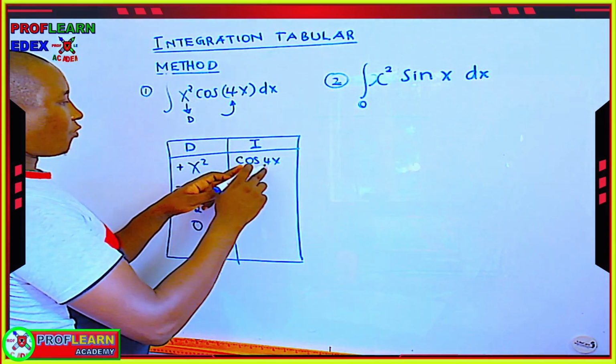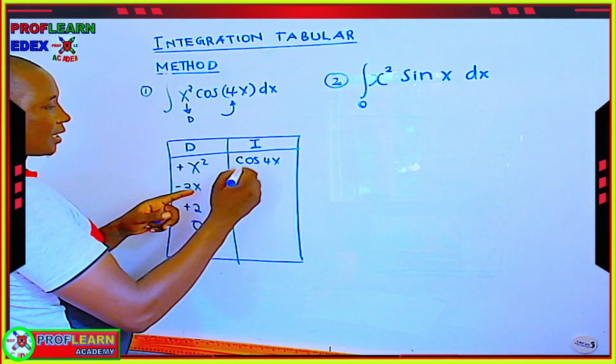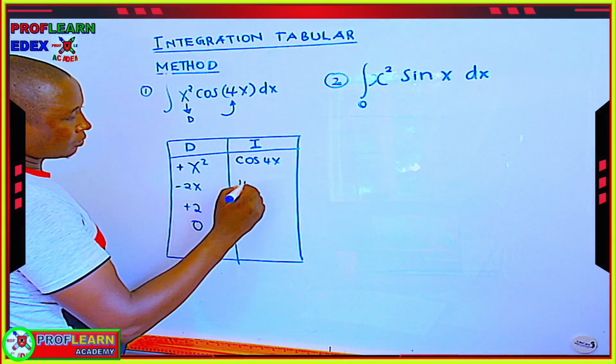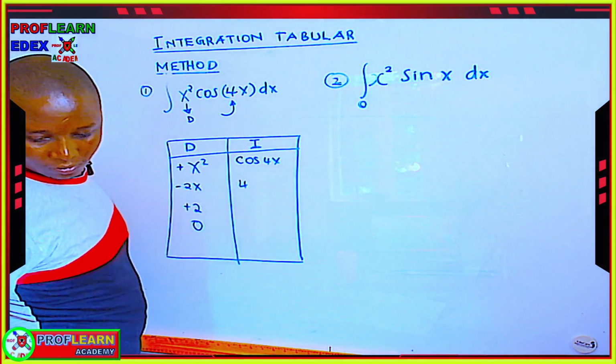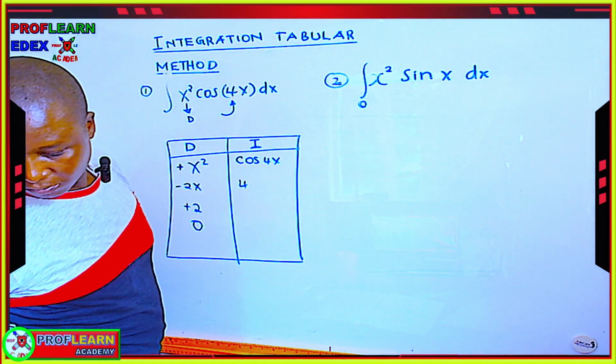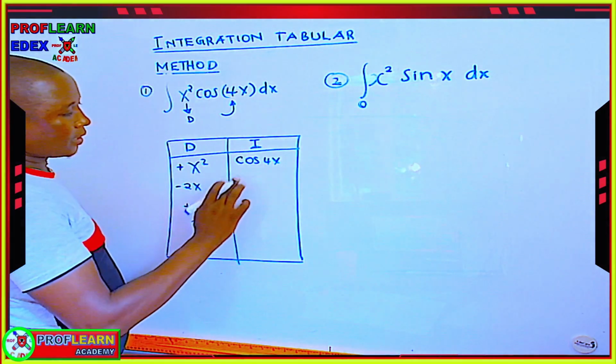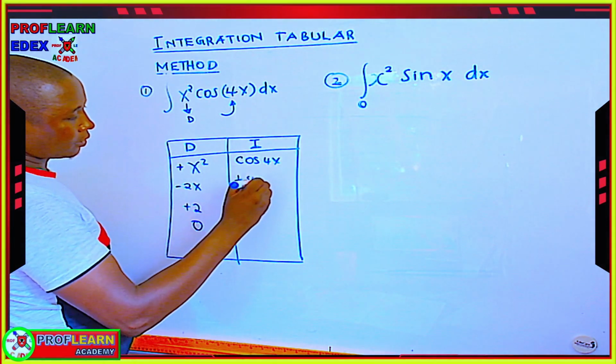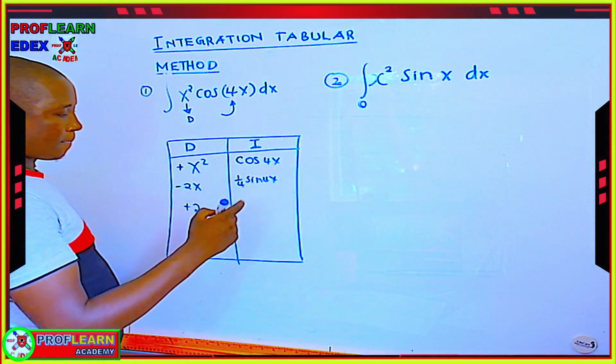Here you are going to perform integration. Integrating this part, we are going to get 1 over 4 sine 4x.